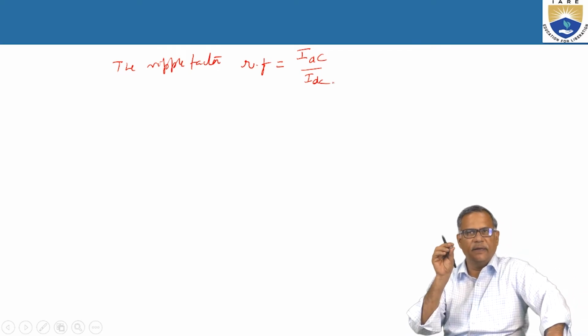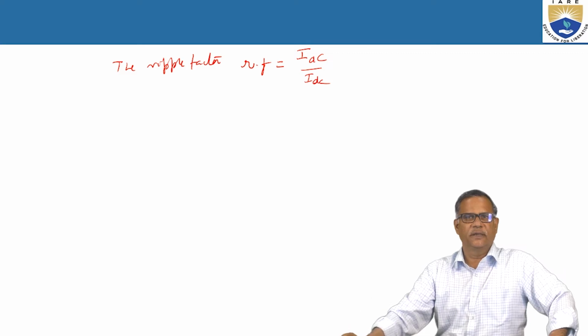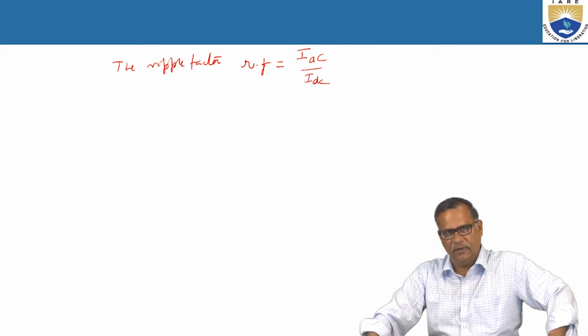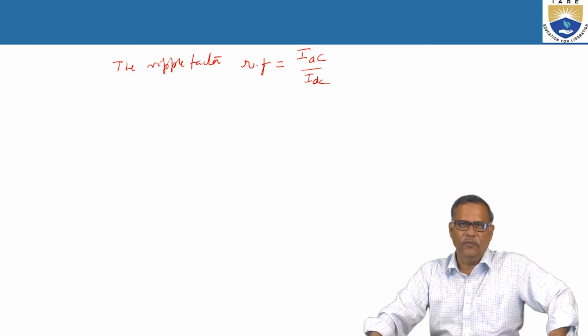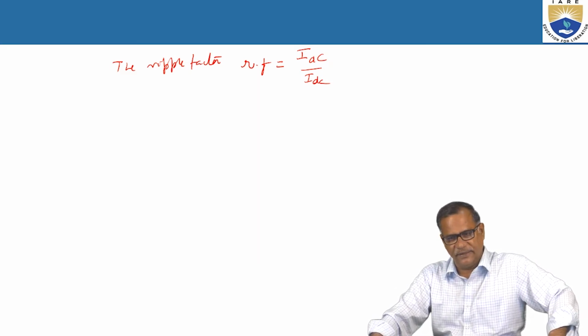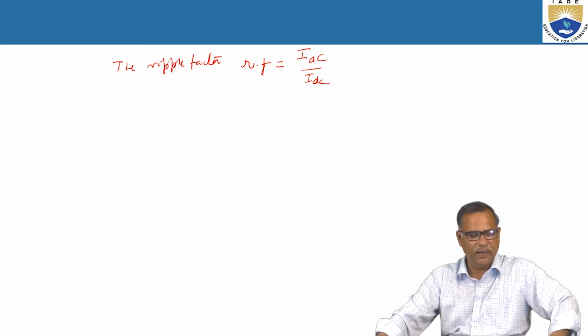So ripple factor indicates the amount of AC variation in the output. Ideally, there should be no AC variation in the output for a rectifier, so the ripple factor should ideally be 0. The smaller the value of ripple, the better is the rectification. So ripple factor indicates the quality of DC output. Ripple factor is equal to IAC by IDC.